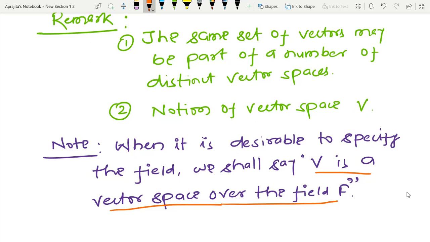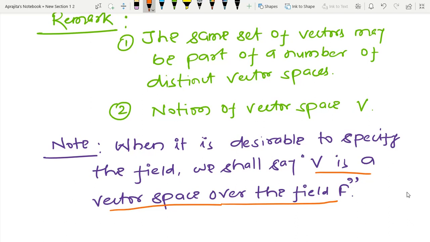I have already told you that the whole vector space based on the definition can be expressed as a composite object, but for our convenience we are just going to use the notion of vector space as V. If we have no confusion about the underlying name, then I am going to proceed to the further part of the vector space.